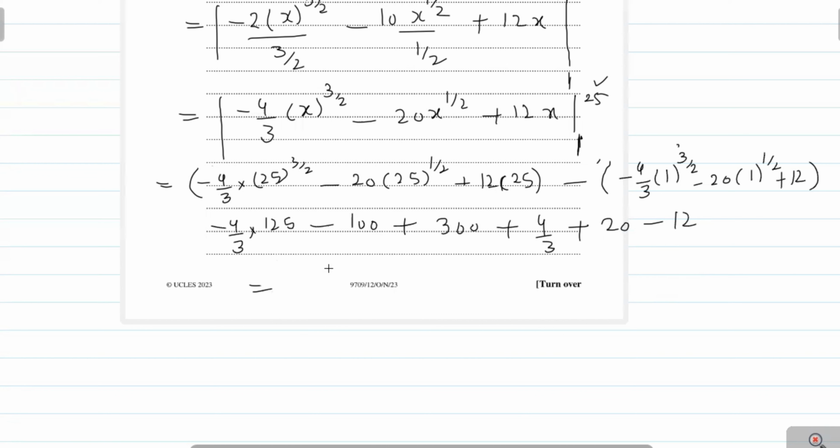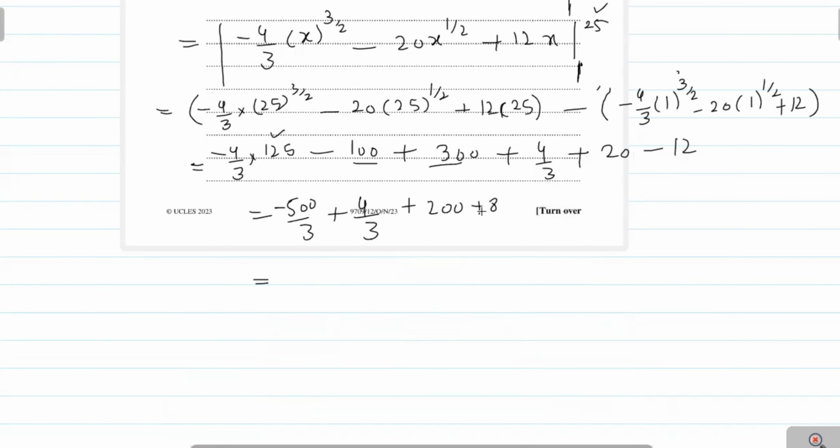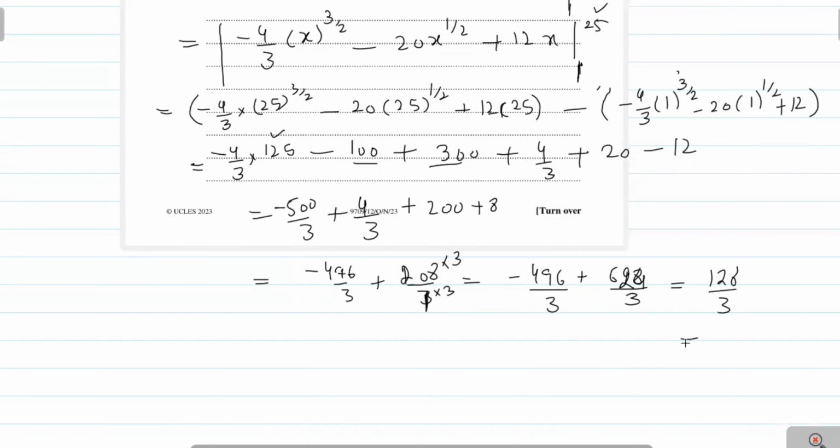We can write here 500 over 3 minus 4 over 3, and minus 100 plus 300 is plus 200, plus 8, and this will be equal to minus 496 over 3 plus 208 over 1, which will be equal to 128 over 3, and this will be equal to 42 2 over 3, and this is the area of this shaded region.